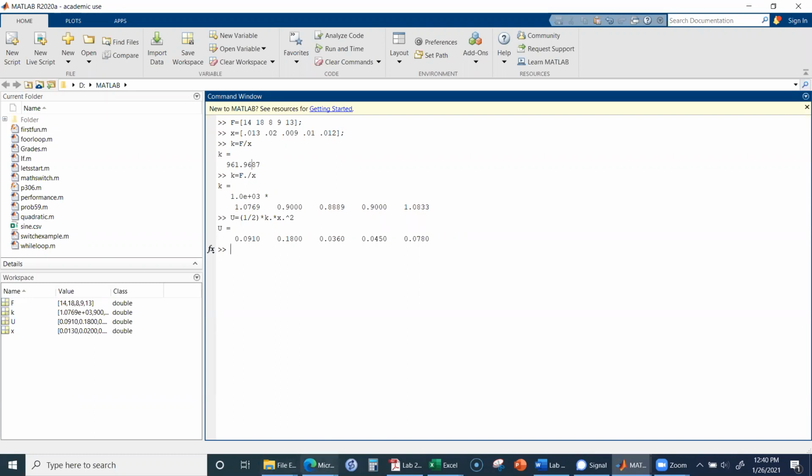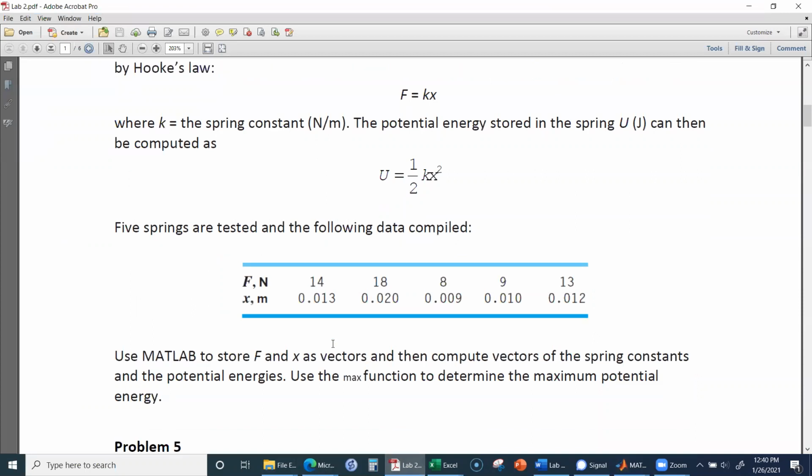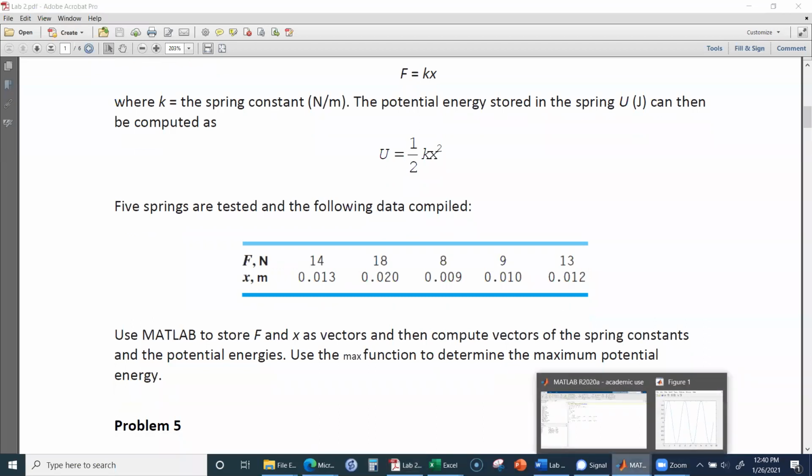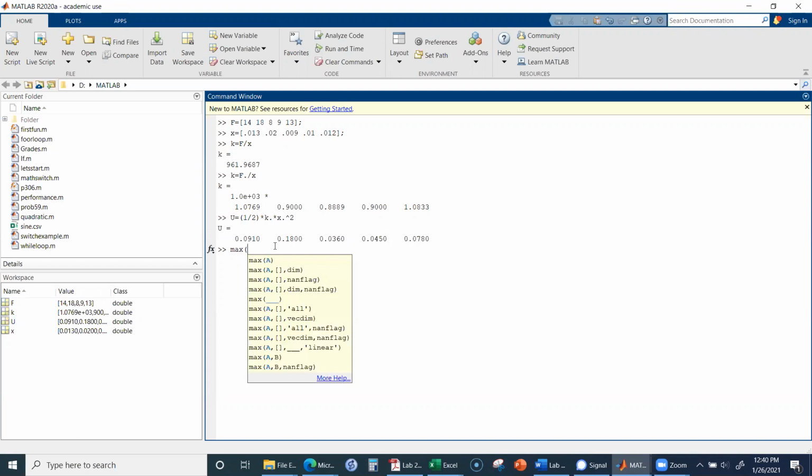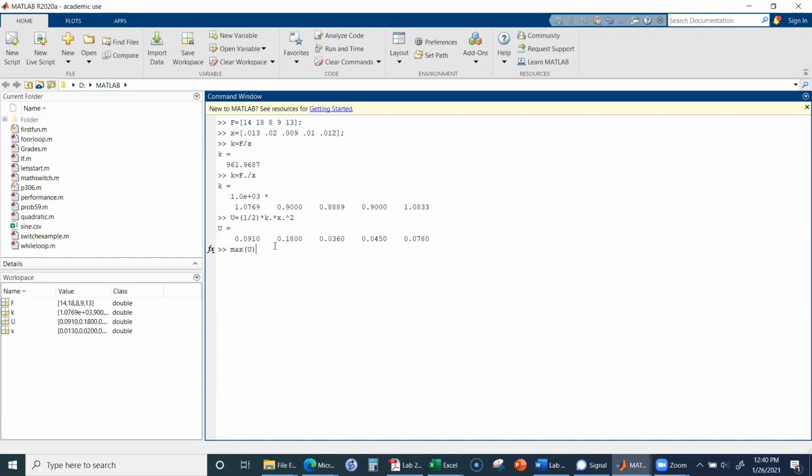Then I think one point was that I use the max function to determine the maximum potential energy. So what is the maximum potential energy? For example, from these 5 values, what is the maximum value? Here it is easy, we can even see it visually. But if there are hundreds of values, then this function will give us the answer.